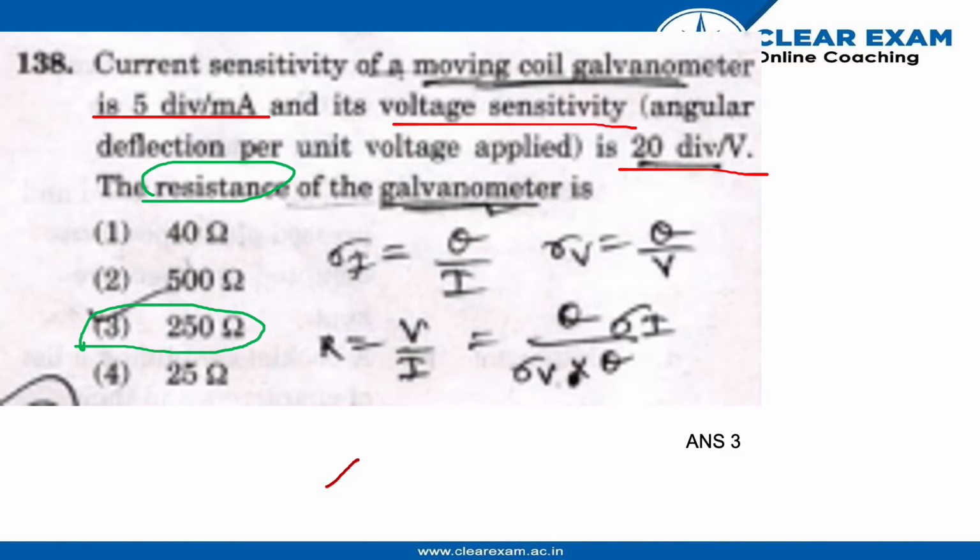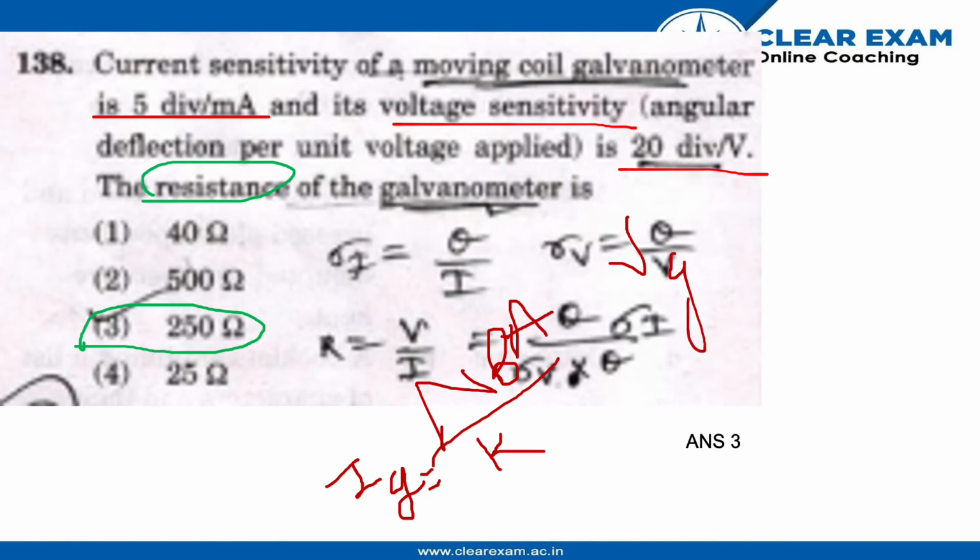Current sensitivity, as we know, is Ig equals NBA by K, and voltage sensitivity is Ig divided by R, which basically means NBA upon K into R.